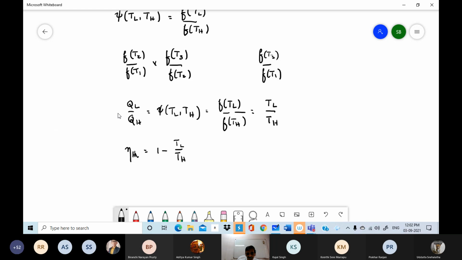So this was the definition of eta thermal. From the definition of eta thermal, we had found that that is equal to 1 minus QL by QH. So that would be 1 minus TL by TH. Now people said, okay, fine.